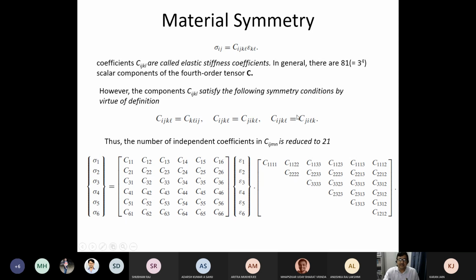What is a symmetry argument? Say suppose I take a material, right? I take any material. Say suppose I take this plastic, and then I start stressing from this side. I start stressing from this side. Now, the question that I ask: if I put the same amount of stress, will the extension be the same? If they are the same, that means stressing from this side or that side really doesn't matter.